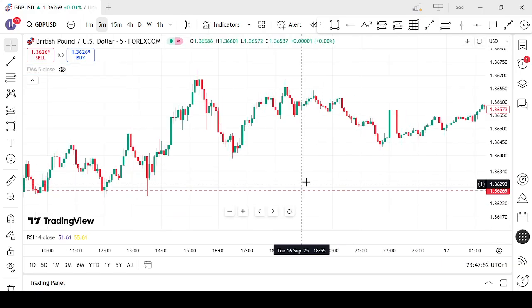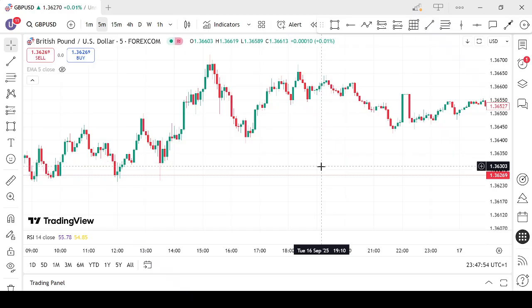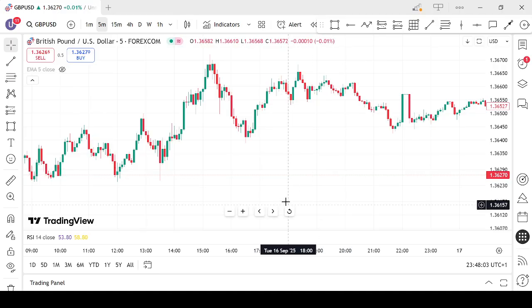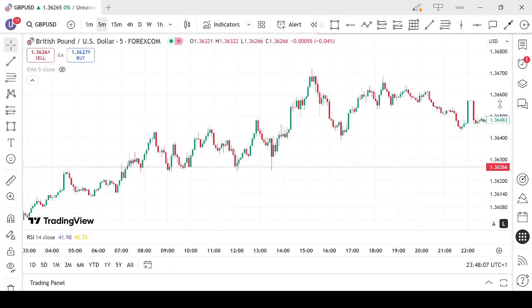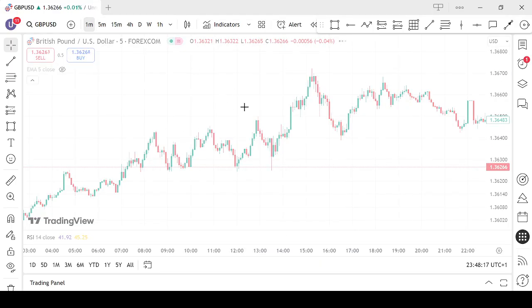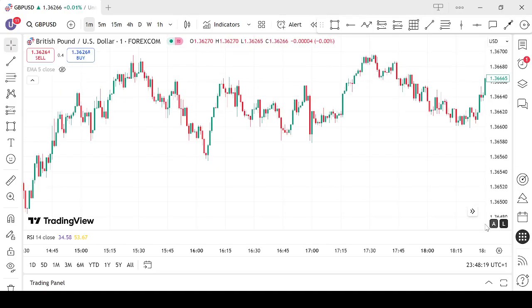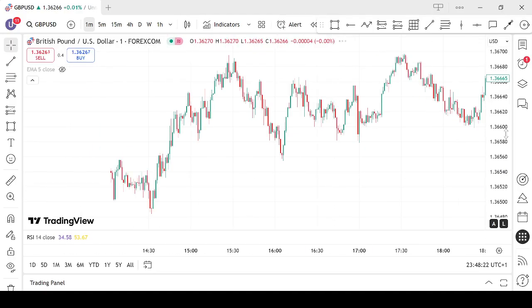Scalping trading is a method that focuses on making small trades throughout the trading day. Your goal is to capture small price changes rather than waiting for larger moves. This means you enter and exit the market quickly, often holding positions for just a few seconds or a few minutes, using the 1 minute time frame or the 5 minute time frame as the case may be.